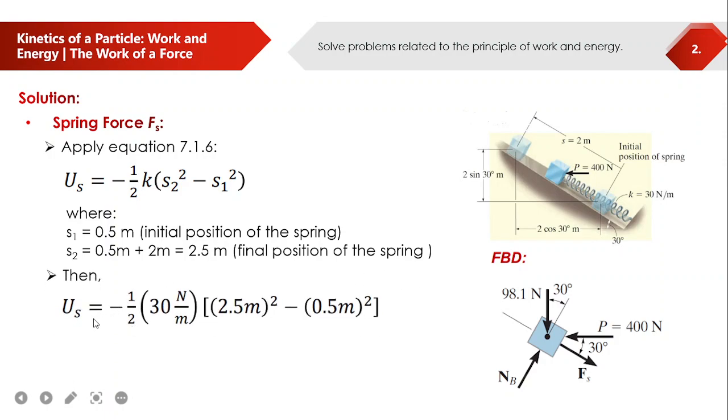Therefore, your U sub S is equals to negative 1/2, 30 Newton over meter. That will be your K for a spring, no? So it will be 2.5 squared minus 0.5 squared. Therefore, your work done by the spring natin is negative 90 joules.